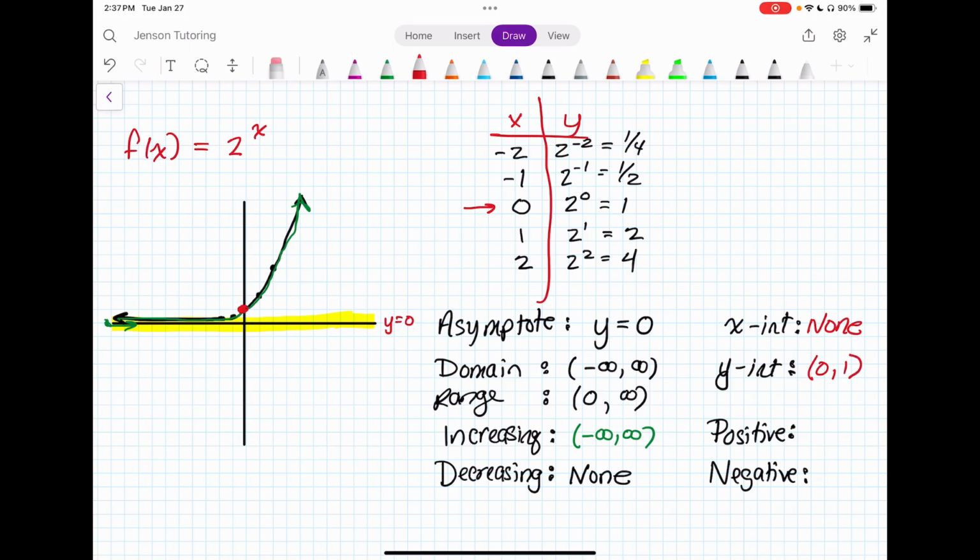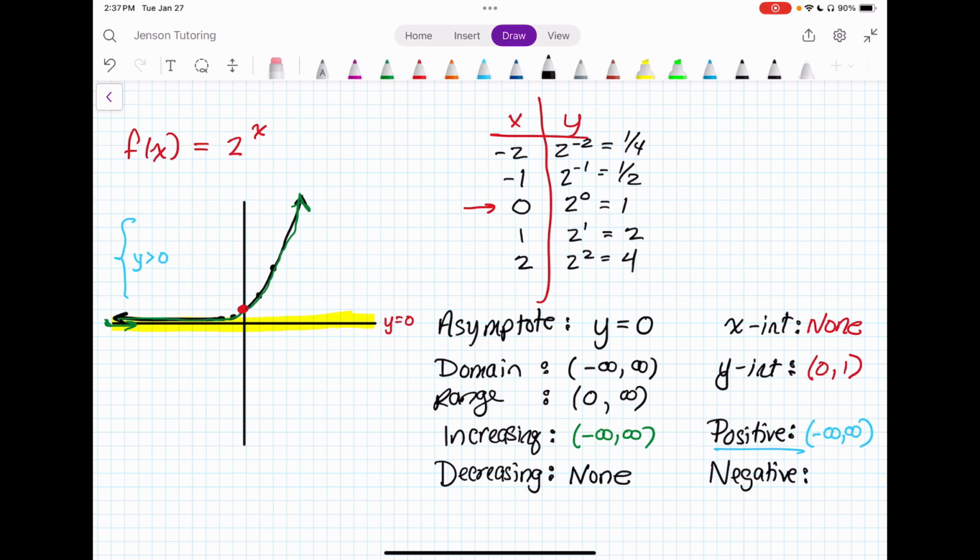And then the last two features, where is the graph positive and where is the graph negative? So the graph is positive. What that means is where y is greater than 0. And in this case, everywhere that the graph exists, it's positive. So that's going to be all real numbers.